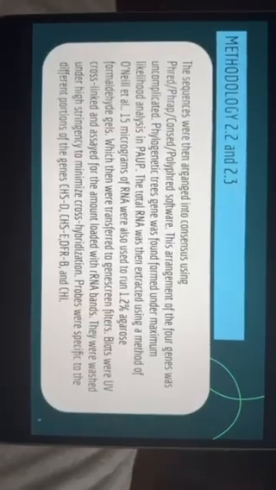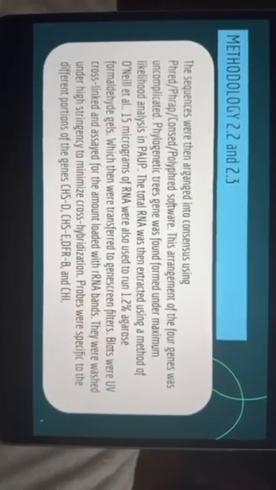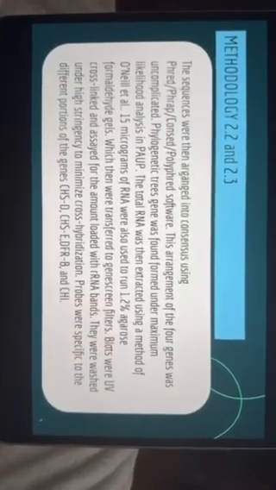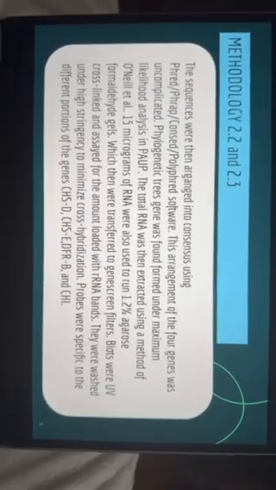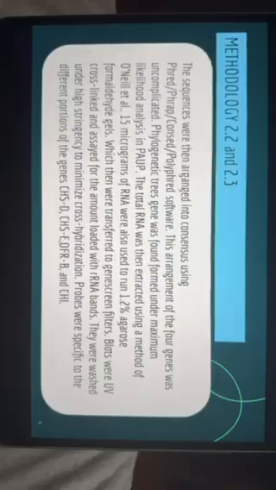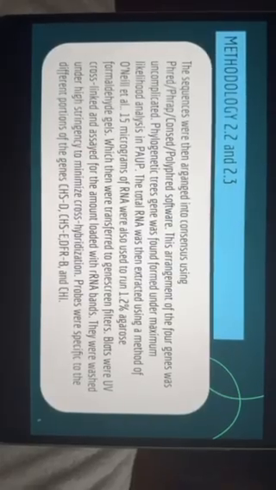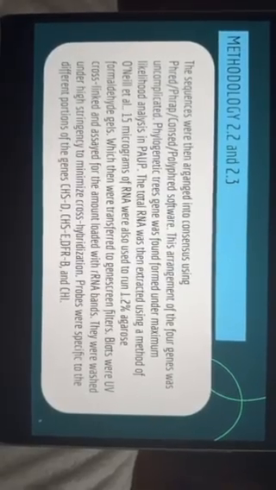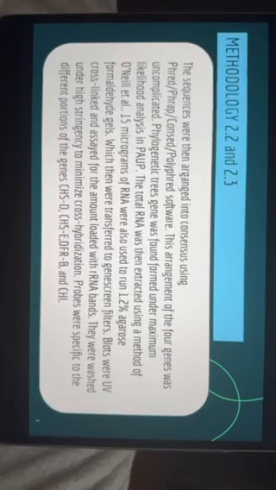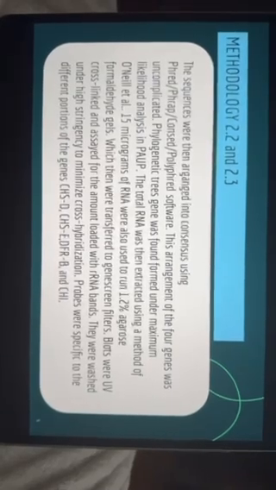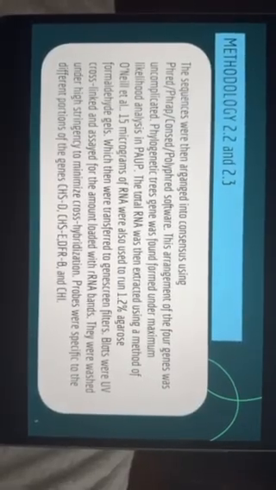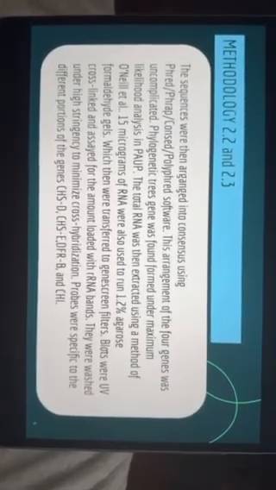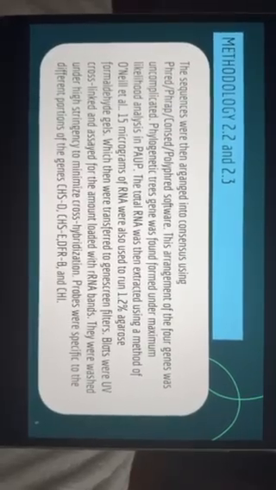Methodology 2.2 and 2.3. The sequences were then aligned in consensus using Phred, Phrap, Consed, and PolyPhred software. This alignment of the 4 genes was uncomplicated. Phylogenetic trees were formed under maximum likelihood analysis in PAUP. The total RNA was then extracted using a method of O'Neill et al. 15 micrograms of RNA were used to run 1.2% agarose formaldehyde gels, which were then transferred to GeneScreen filters.